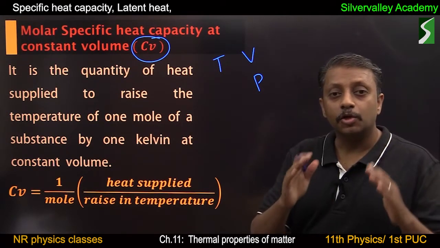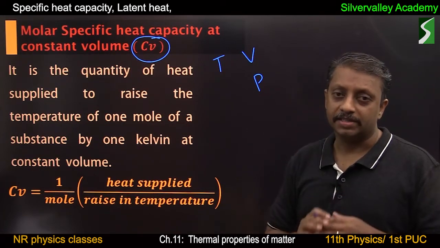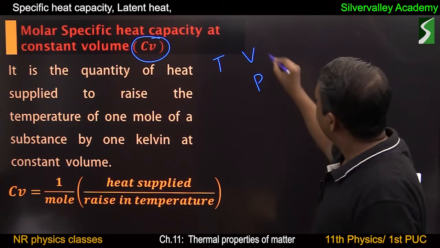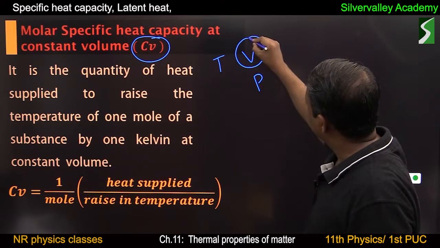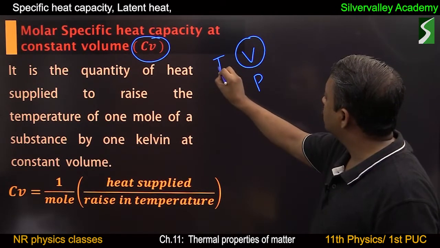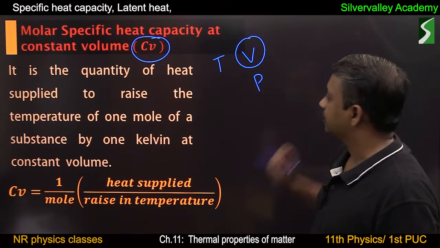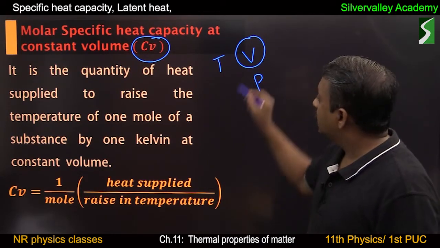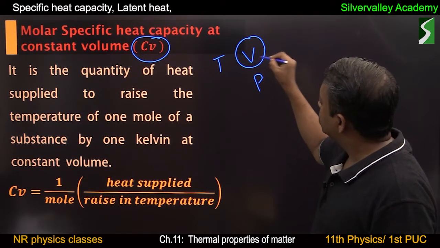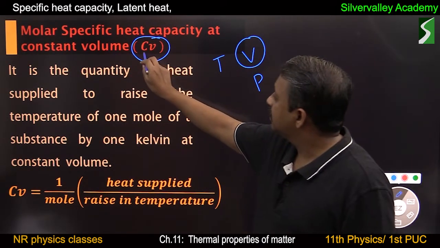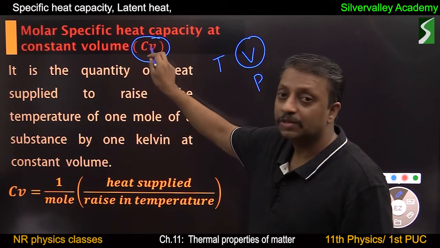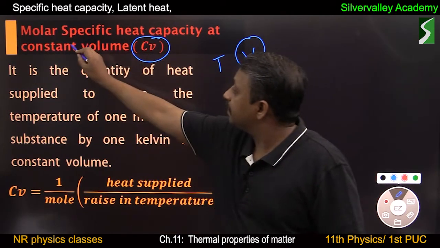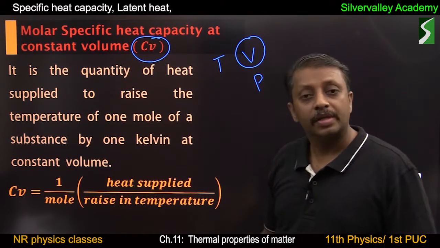So it is difficult to monitor all simultaneously. That is why we keep volume constant and see how temperature affects pressure. This type of specific heat capacity is called specific heat capacity at constant volume.